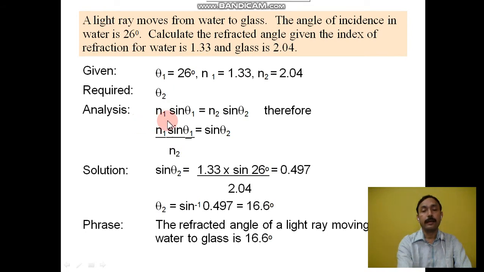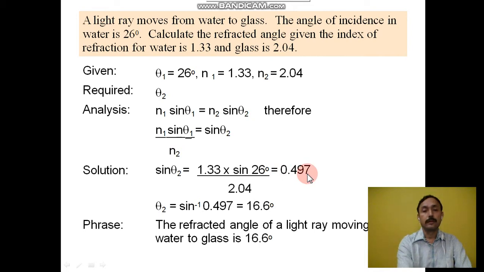Analysis: N1 sin theta 1 is equal to N2 sin theta 2. Therefore, sin theta 2 is equal to N1 sin theta 1 by N2. So the solution is sin theta 2 is equal to 1.33 into sin 26 degree by 2.04. So it becomes 0.497.